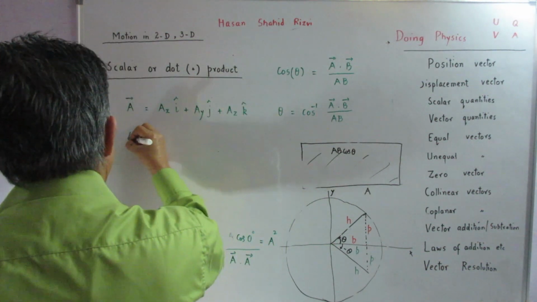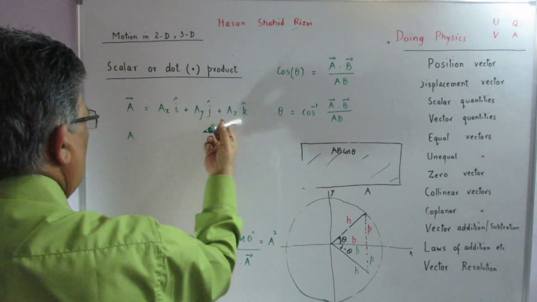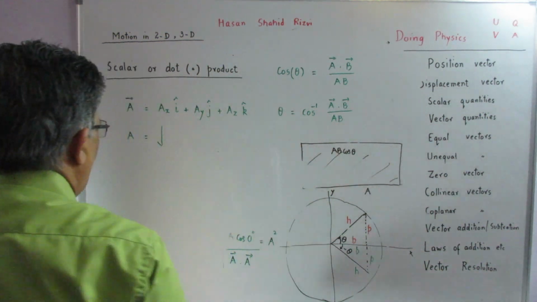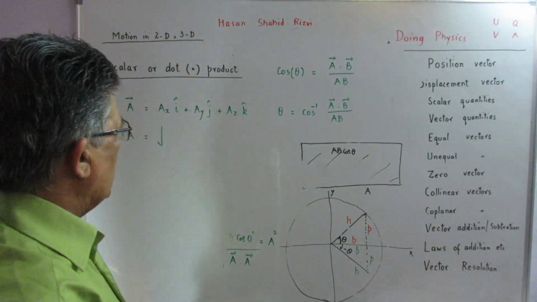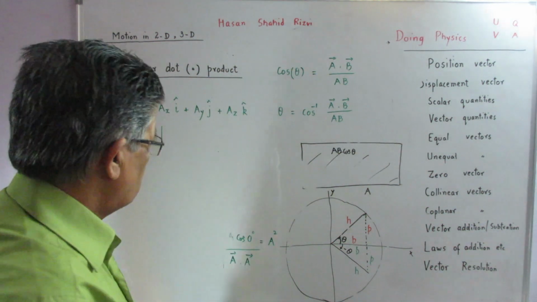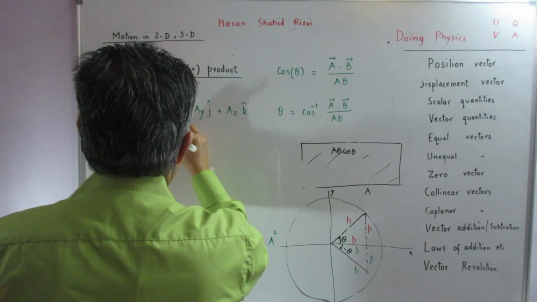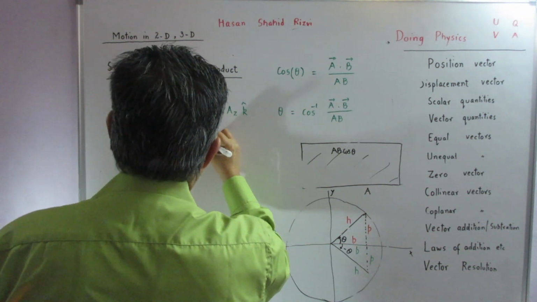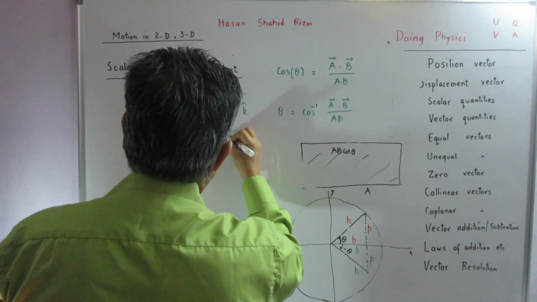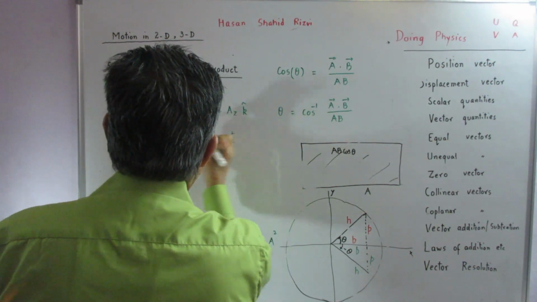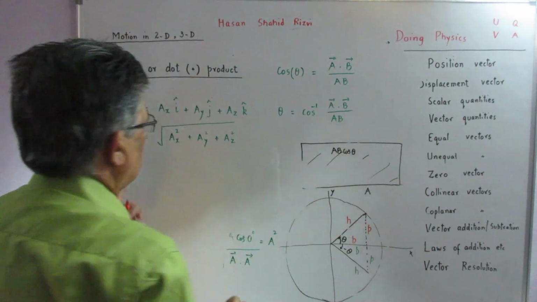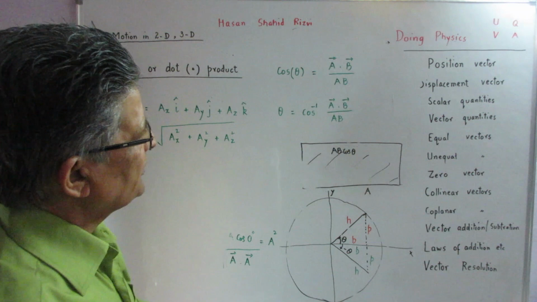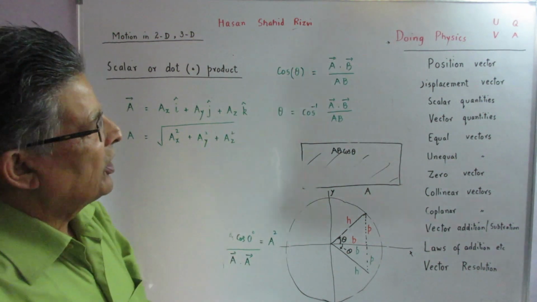So what is the value of A? I know the components and I want to calculate the value of A, and I am going to write the result directly like I was taught, and I made a practice. You practice and you can also write it like that. This will be equal to AX square plus AY square plus AZ square under root. Similarly, you can find out the value of B here, and of course, if the two vectors are given to you, you can write A dot B.